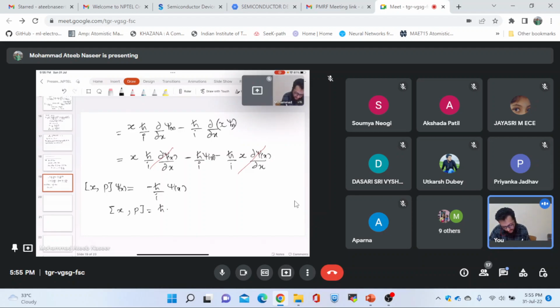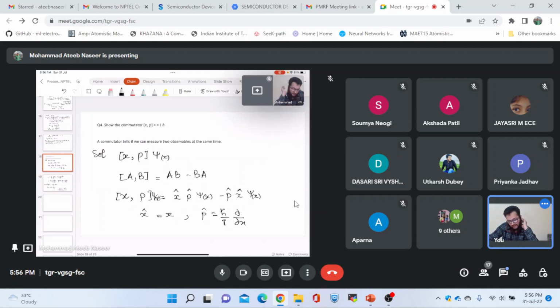We can write it as iota squared by iota, and this will simply be equal to x comma p equal to h bar iota. So this is what we wanted. This is our result, as we have shown that this position and this momentum, we cannot measure them at the same time because we have simply got some non-zero value for it.